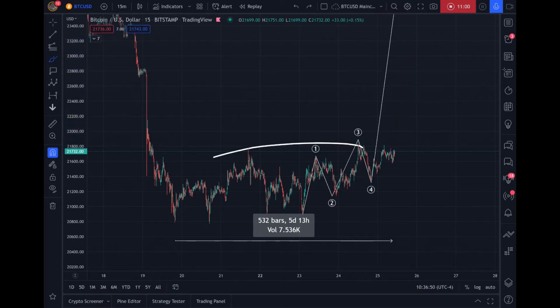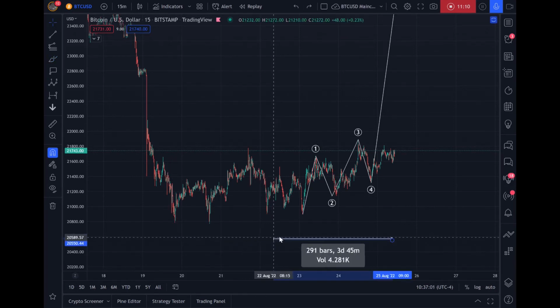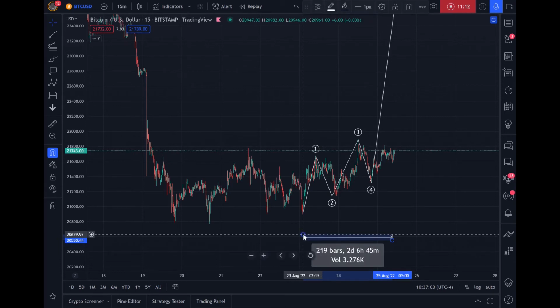And this is especially true in the case of these leading diagonals. Now, the leading diagonal didn't take 5 days. It's only taken about 2 days. So you could make a case that Bitcoin goes up for 2 more days.